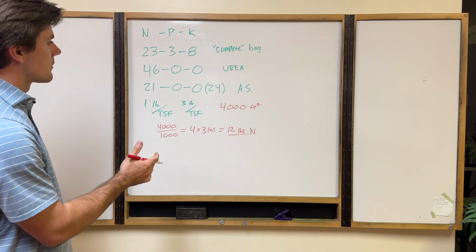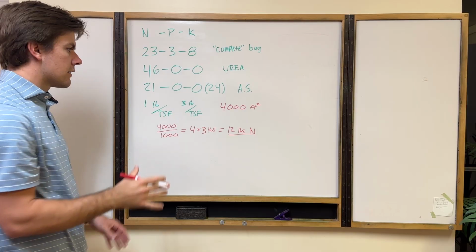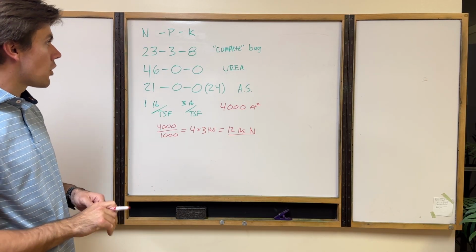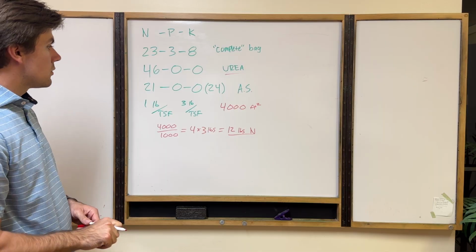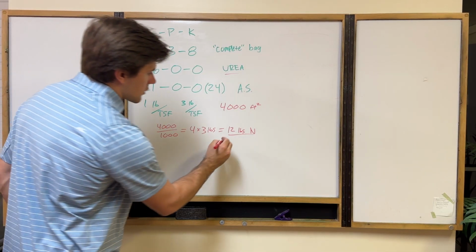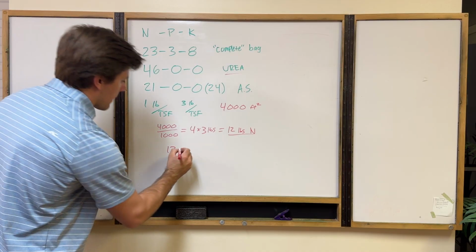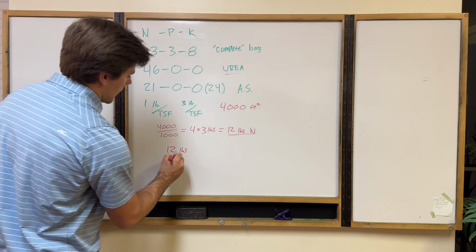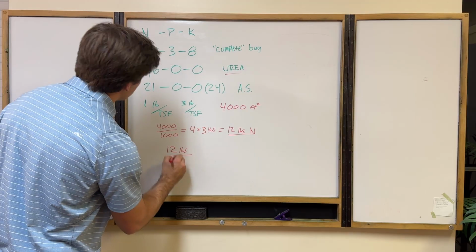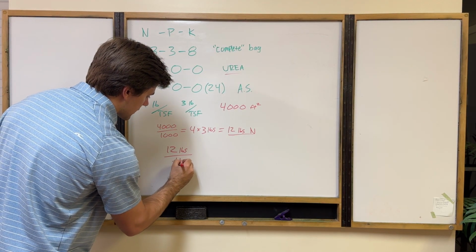So how do we get from here to here and figure out the right number of total pounds of urea that we need? What you're going to do is take this 12 pounds here, move it down here, 12 pounds of nitrogen. You're going to divide it by the percentage, which in this case is 0.46.